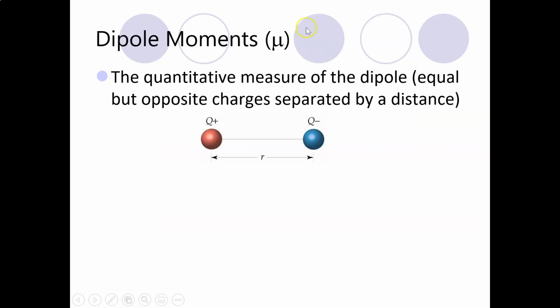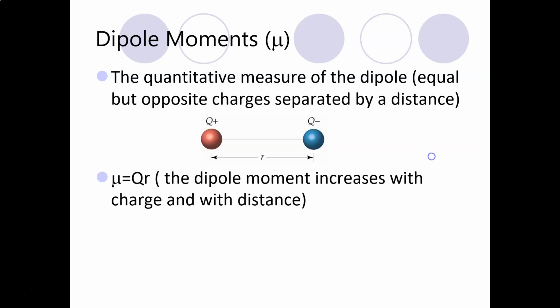We give bond dipole moment the Greek letter mu. You've seen it for micro, but now we're also using it for bond dipole moments. The bond dipole is equal to the charge times the distance. These are similar ideas to Coulomb's law, which makes sense, with opposite charges attracting and the distance between them and so forth.